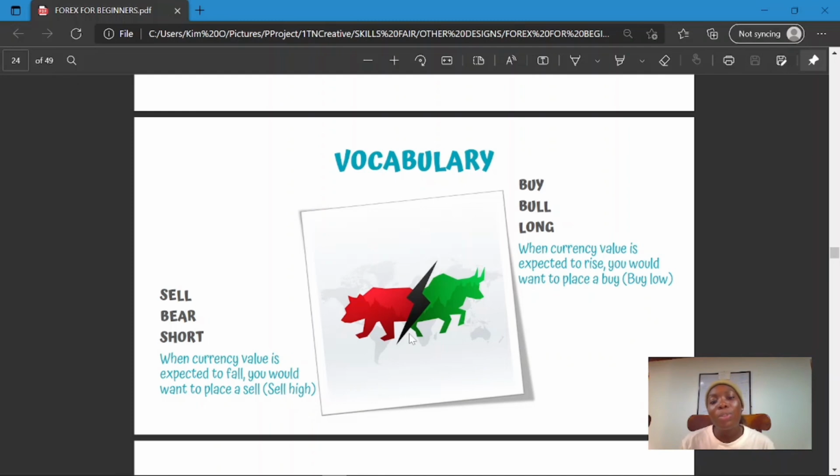Another word for a buying market is bull, or bullish, or long. So if I'm saying that I'm going short on GBP USD, it means that I'm selling GBP USD. If I say that I'm going bullish on USD CAD, it means that I'm buying USD CAD.